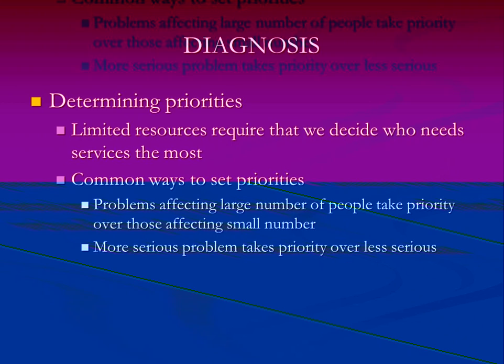Another way that we can determine priorities is that we can look at the seriousness of that problem. So if there are some issues that have very dire consequences and are very serious in nature, those can take priority over less serious conditions. So for instance, if I was comparing the common cold, which affects a large amount of people, to Lyme disease, which affects not as many people, Lyme disease is way more serious than the common cold.